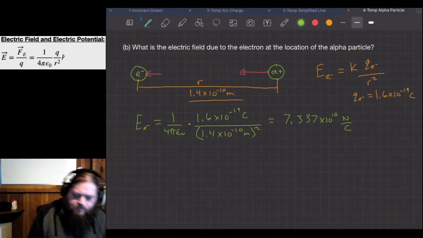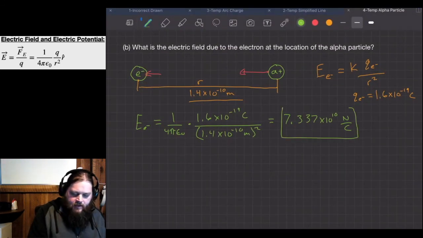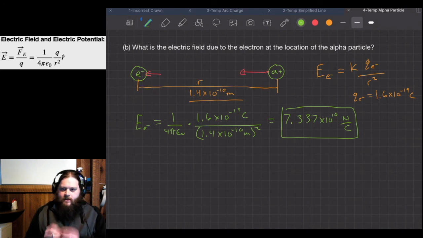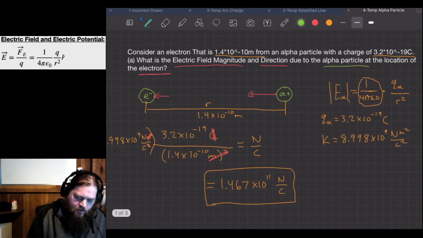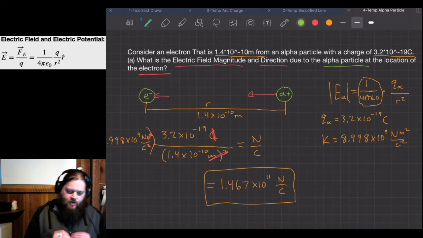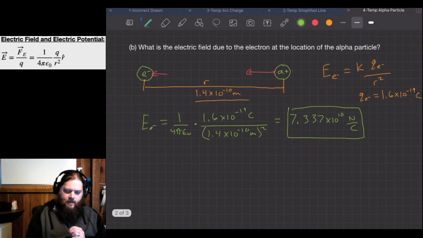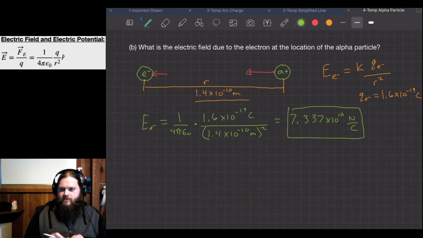Okay. And that is then going to be the magnitude of the electric field from the electron at the point of the alpha particle. So you notice if we compare those two, the electric field of the alpha particle is much larger. It's about double the size of the electric field of the electron.